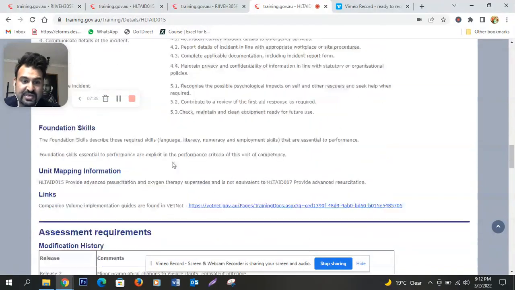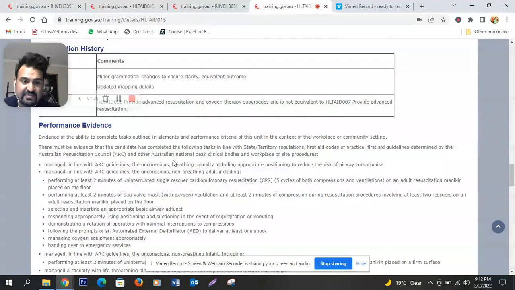Then we go to the next step, which is very important: performance evidence. It means that students are supposed to perform, and you, as a trainer and assessor, are going to observe and assess. Performance evidence, I always say, is where you are doing practical stuff.